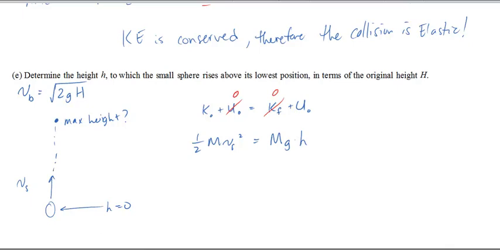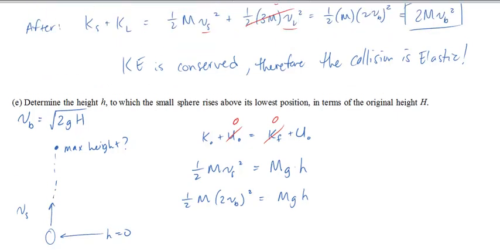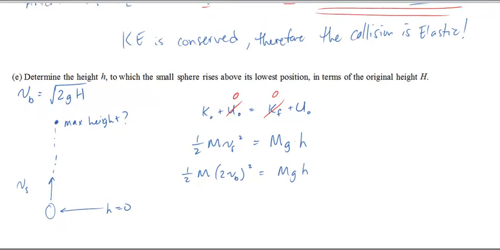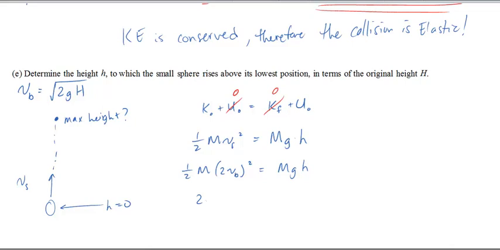Now, a couple of bits of substitution I can do. 1/2 m (2VB) squared equals mgh. Now recall, this is the same substitution I did up here in part D. So total kinetic energy is 2mVB squared equals mgh.